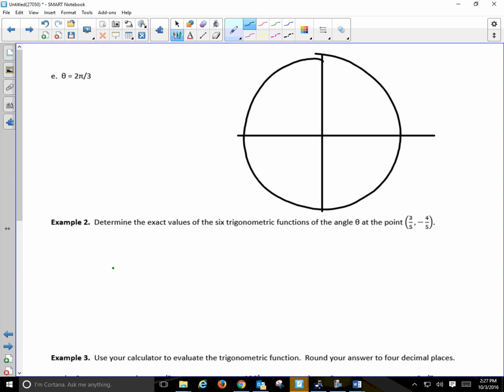Very good. You know that pi over 3 is 60 because you did a good job memorizing, and it's 2 of those. So it's 120. So which quadrant are you going to be in? Second quadrant. How many degrees short of 180?